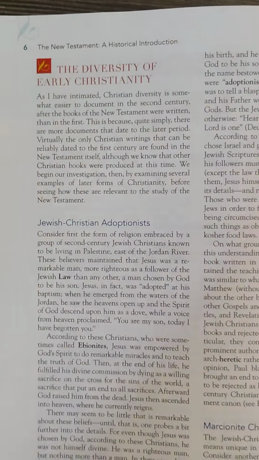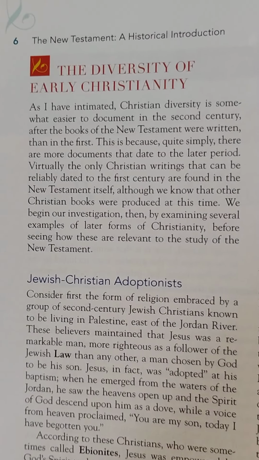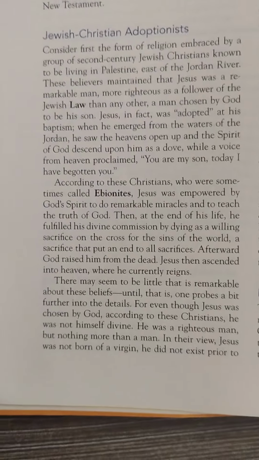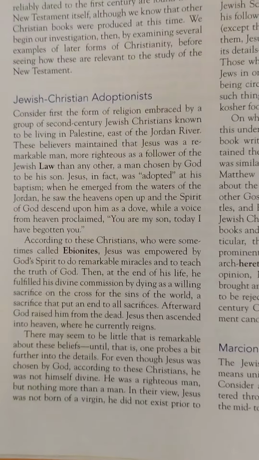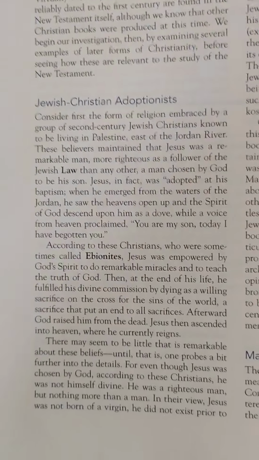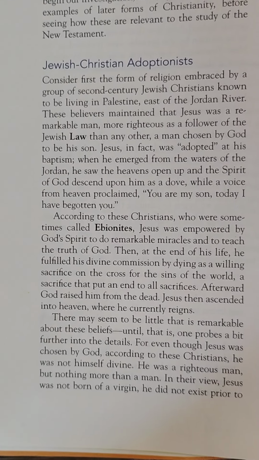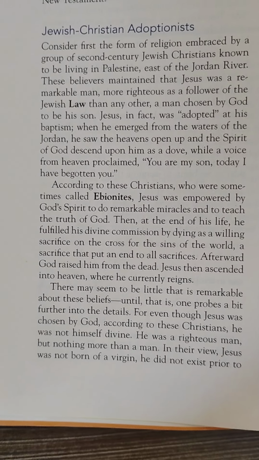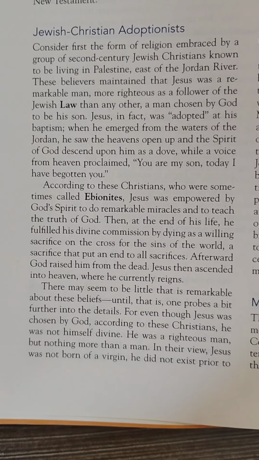Okay. So this part of the book, this is just page 6, where it talks about the diversity of early Christianity. It talks about the different Christian sects, the multiple Christian sects, and the diversity in what they believed in.